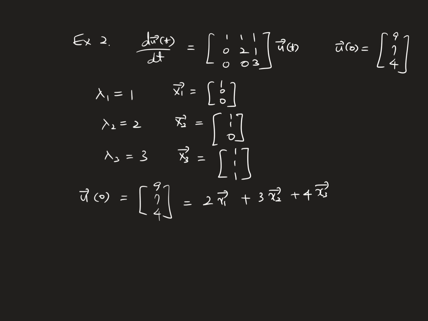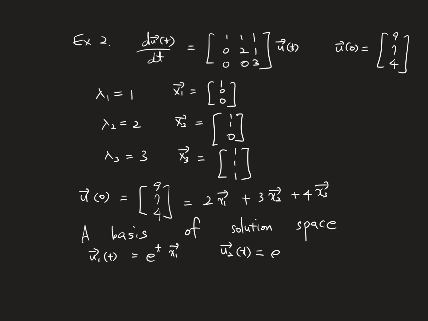The basis of the solution space will be u1(t), which is e^t x1, u2(t), which is e^(2t) x2, and u3(t), which is e^(3t) x3.